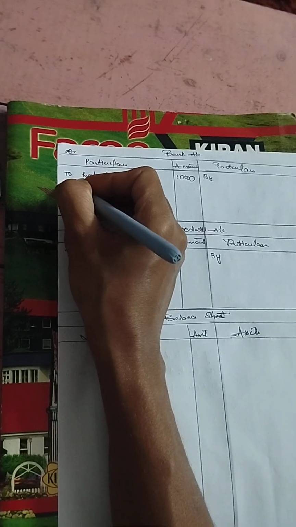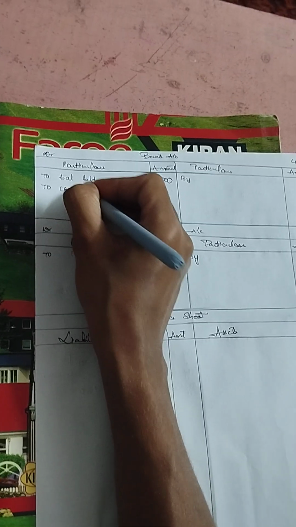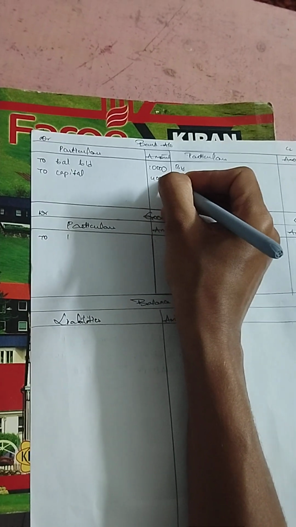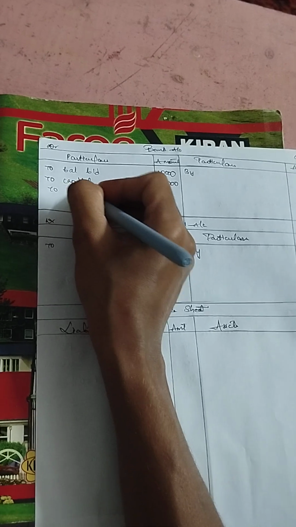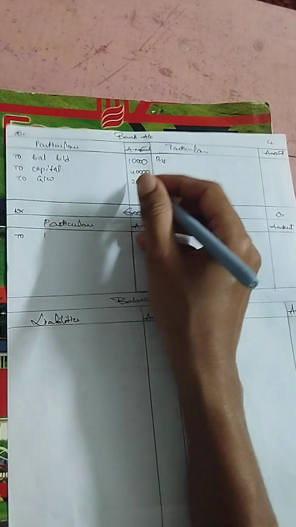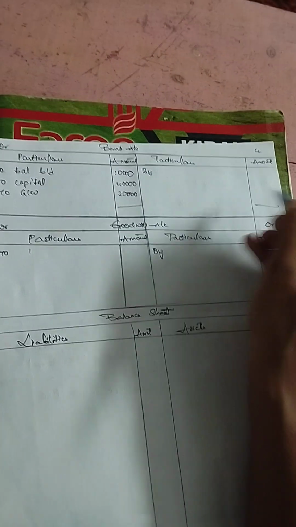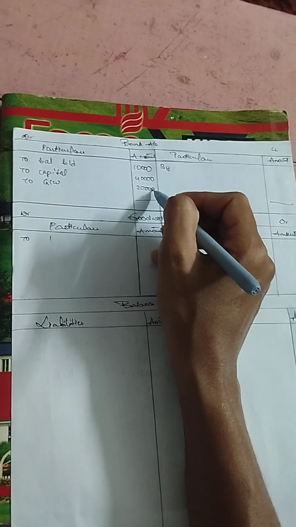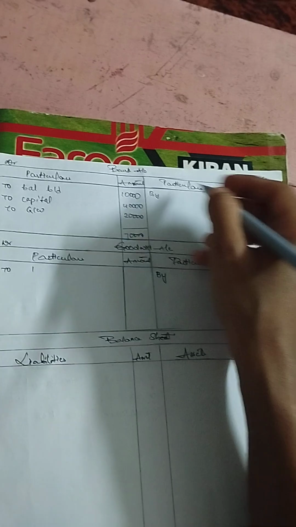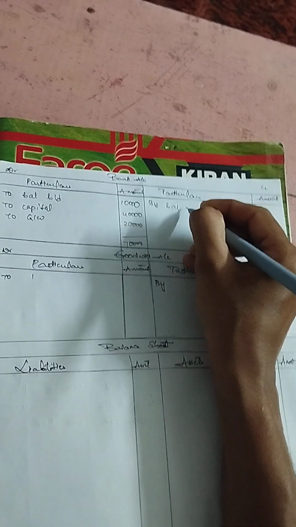To capital 40,000, to goodwill 20,000. In credit side we don't have any transaction. We'll do the total: 10,000, 40,000, 20,000, you will get 70,000, and 70,000 in credit side. So we don't have anything, that's the reason we'll write 70,000 as by balance carry down.